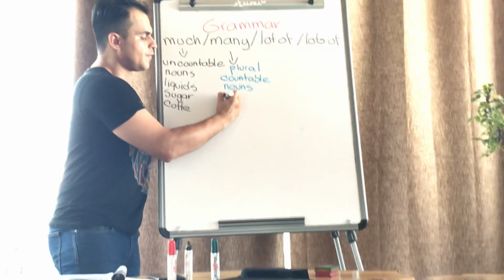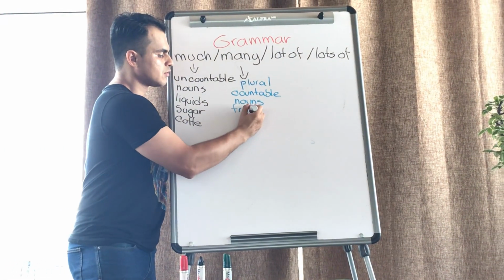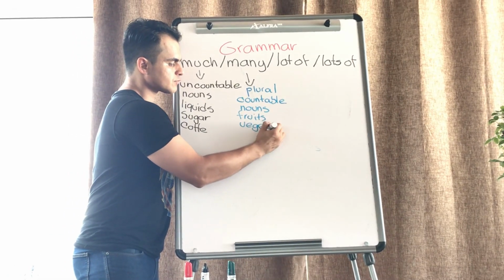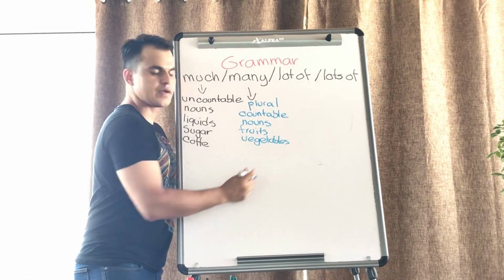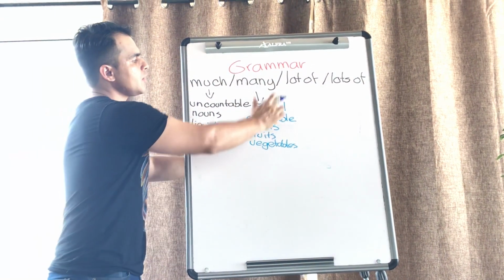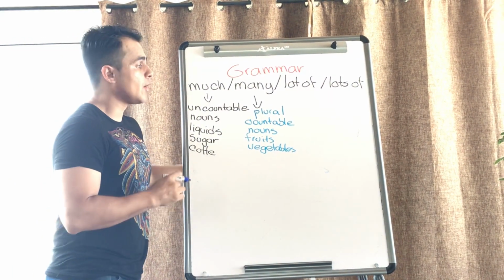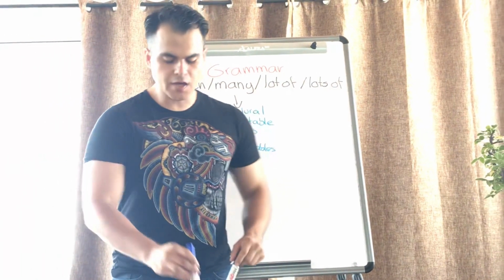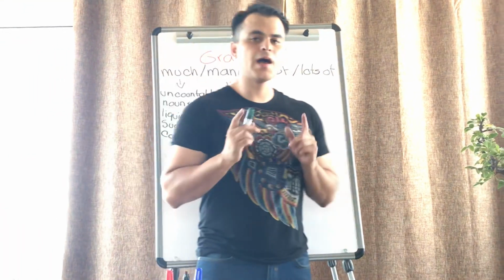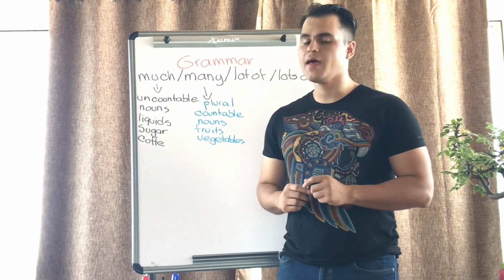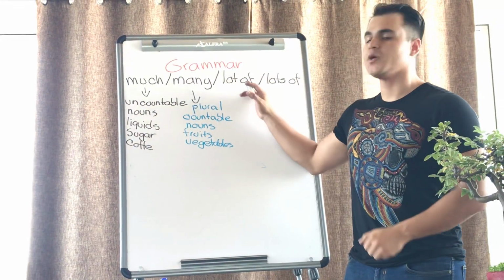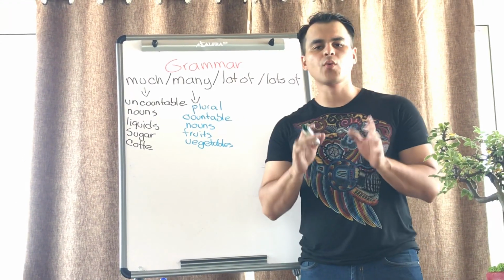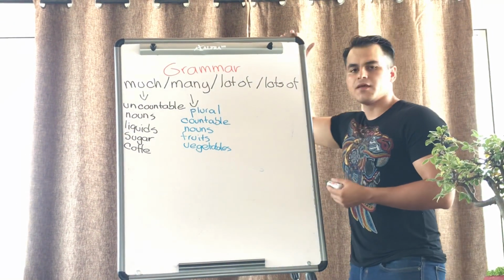Such as fruits or vegetables. Right? Now, we are going to use a lot of, and we also are going to use lots of when we are talking about a plural noun and when we are talking about an uncountable noun. This is the scenario when we are going to use lot of and lots of.